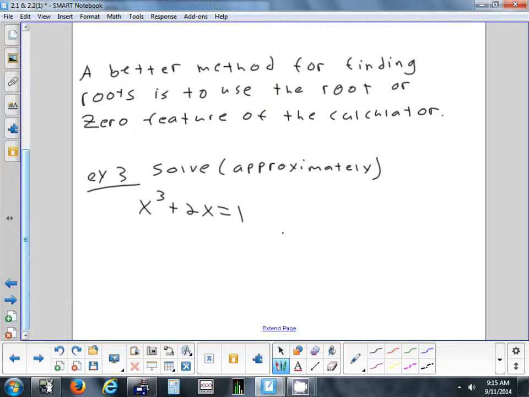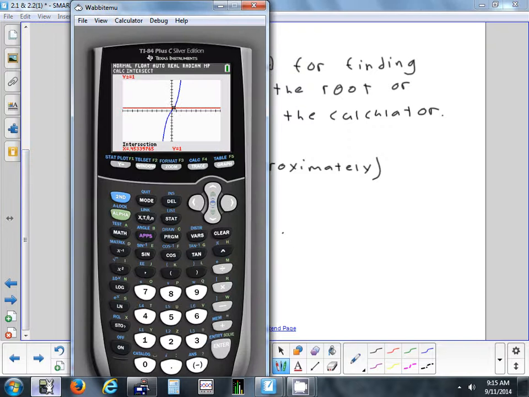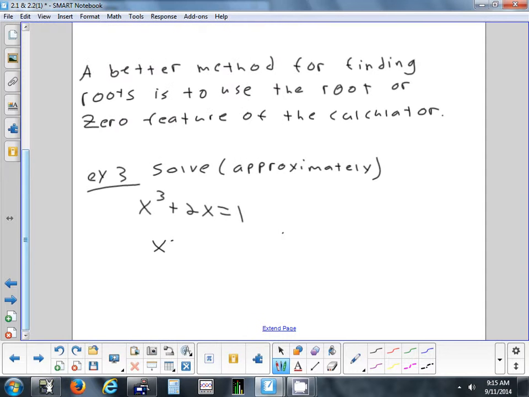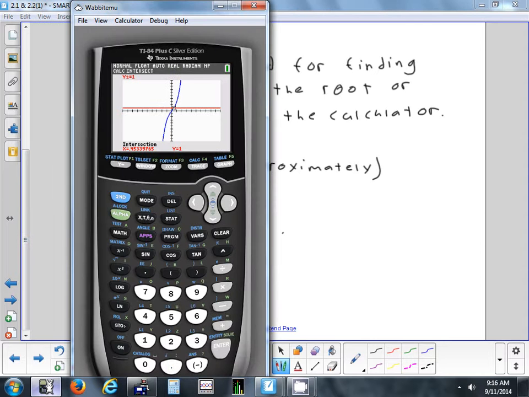Yes? You got 0.45 as a root? Yep, so you get the same thing. 0.45. And this is a problem where we've only got one answer. A cubic doesn't necessarily have to turn 3 times. In fact, this one doesn't. It does do something right in here.